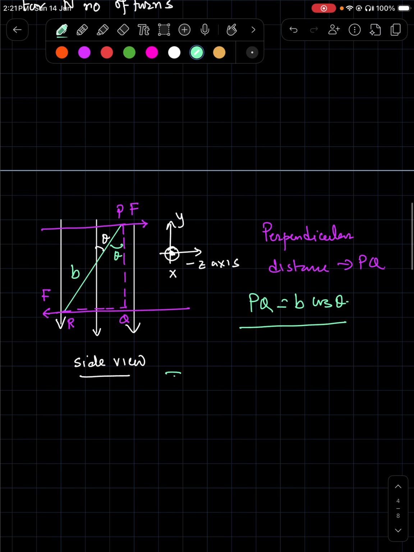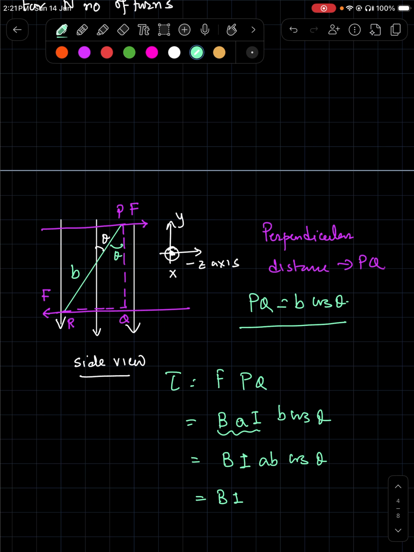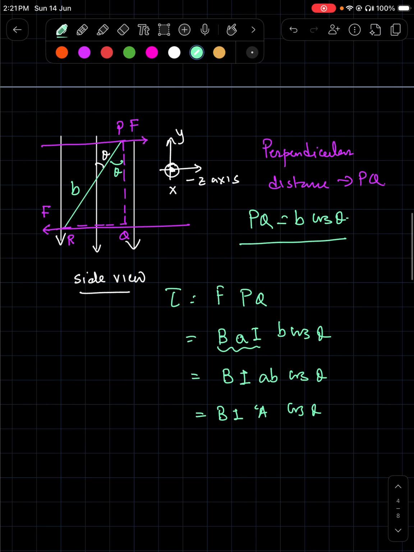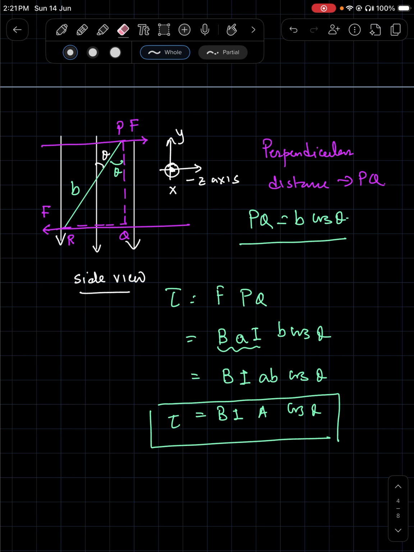Again, the torque produced by this is F times PQ, and that means B I A, the magnitude of the force, times PQ, that is B cos theta. So it becomes B I A B cos theta, and that is B I A, area, into cos theta. So that is the torque. This is the most general formula found for the torque on a plate which is slightly tilted.